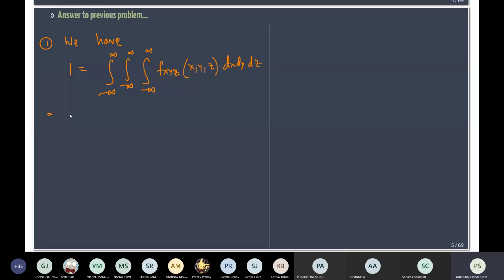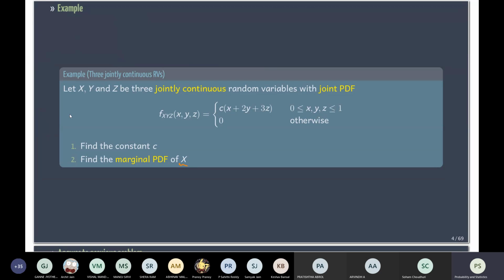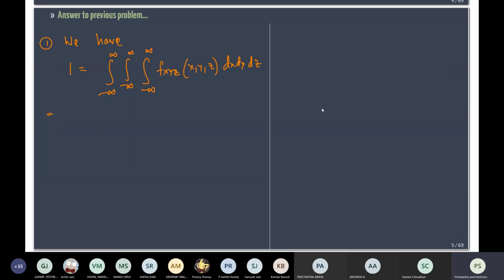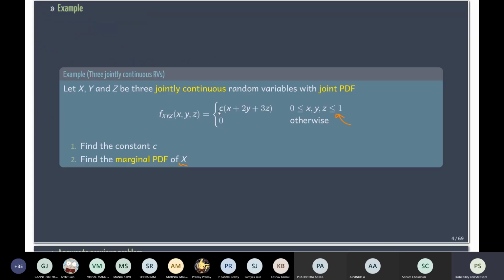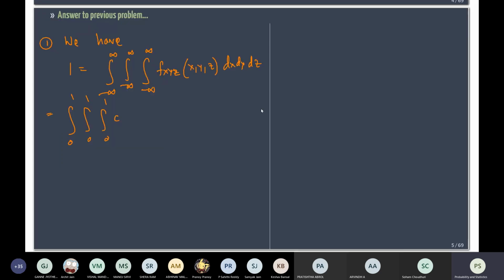The limits of integration are given by the range values here, so these are from 0 to 1, for each variable. And the PDF is C times (x plus 2y plus 3z), with dx, dy, dz.